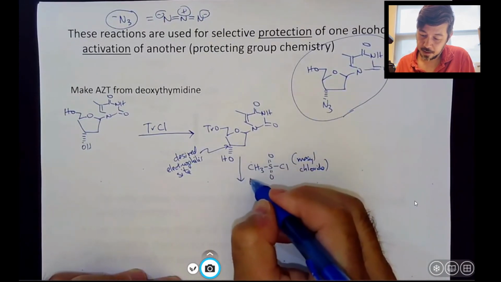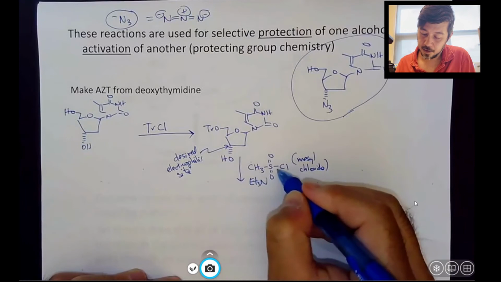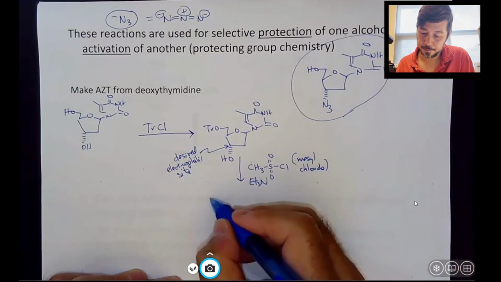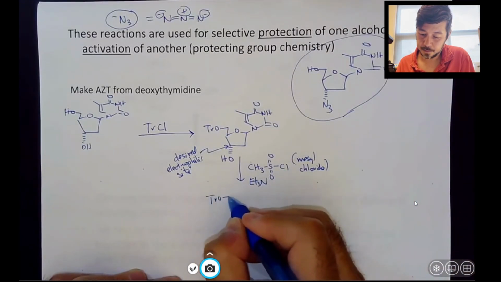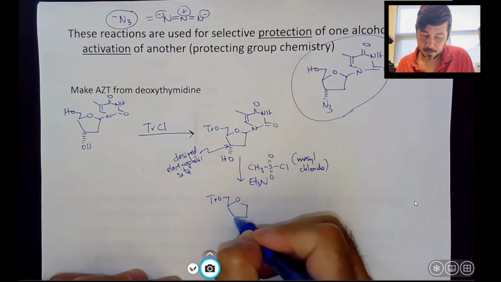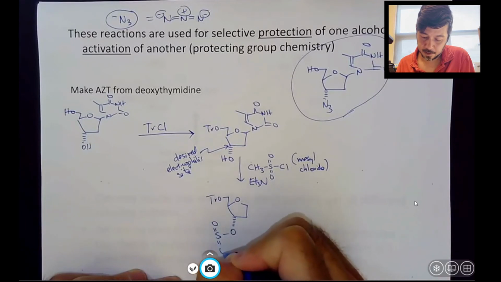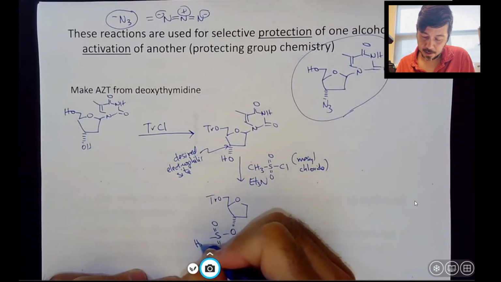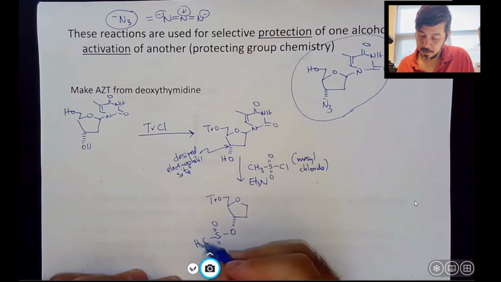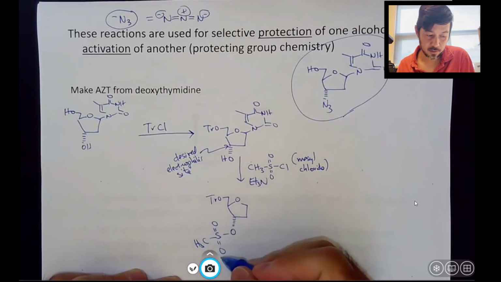We're going to add some base, triethylamine, and you're going to get release of the chloride. And after proton transfer, you're now going to have this methyl sulfone group here.